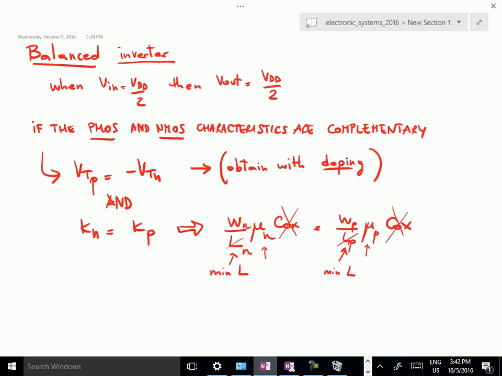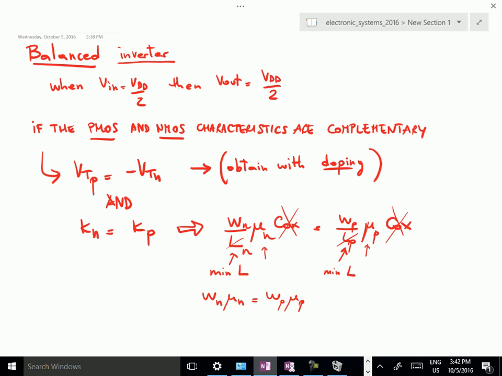And so you see that from the design point of view, we need to choose a width for the channel of the NMOS and of the PMOS so that this condition is satisfied. Since the mobilities are typically different, we need to compensate for different mobility with different widths of the PMOSFET and of the NMOSFET.